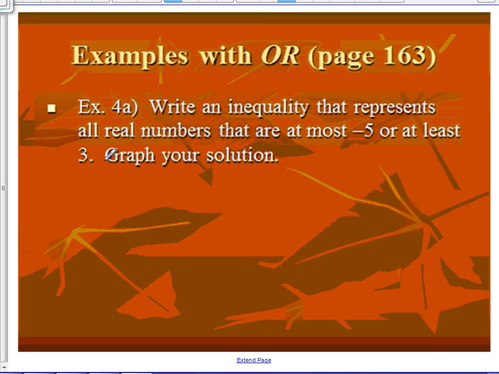So for example, we have: write an inequality that represents all real numbers that are at most -5 or at least 3, and then graph my solution. So I'm going to need to write two different inequalities for this particular example.